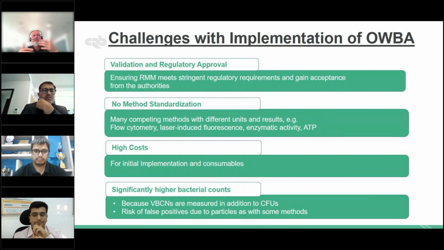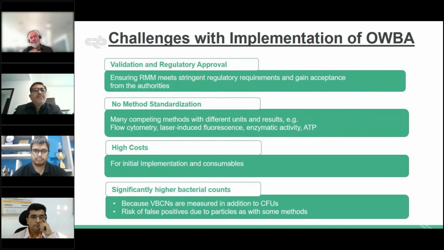We have different technologies to evaluate microbiological water quality: flow cytometry, laser-induced fluorescence, enzymatic activity, and ATP, 4 different methods with pros and cons for all of them, and different units. It's not a count per ml as we used to have it in the past. We have the limit value, and then we have 50, 60, or, I don't know, better 5 CFUs per ml. And this is one of the issues we have at the moment.